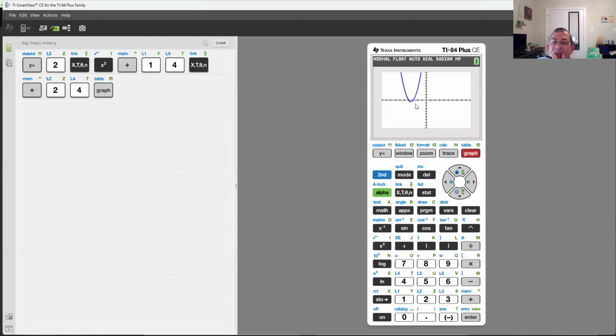And y'all remember when we graphed it, there's our vertex, which is negative 7/2. Negative 7/2 is basically negative 3.5. And then there's that negative 1/2 down. So I just want to look at my table. So I'm going to hit second graph.